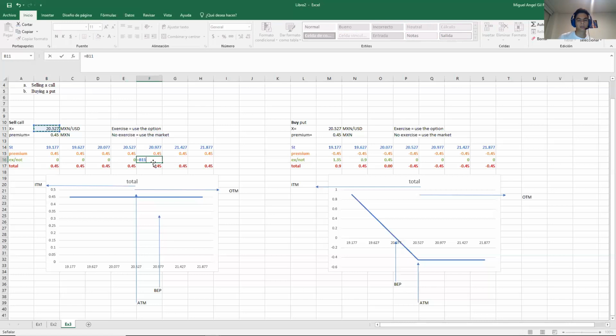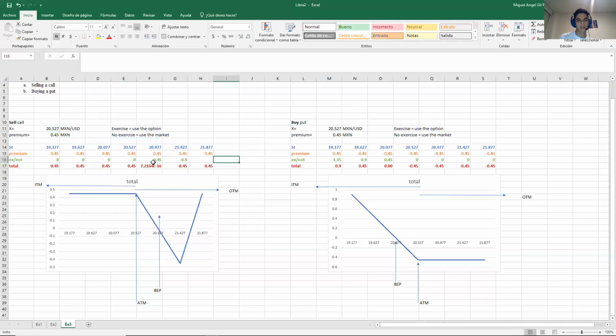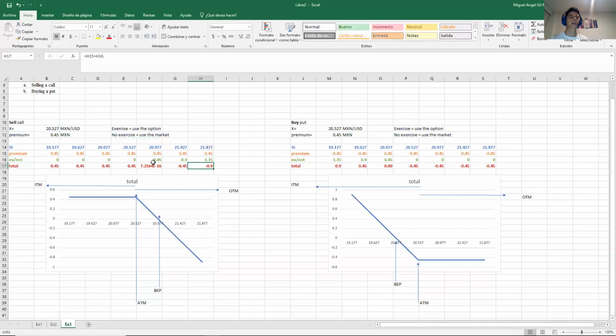It's this minus this. It's negative. In the next one is the same. This minus this. And in the next one is the same. This minus this, because the person will decide to exercise. Again, I don't know why I get that weird number, but it's a 0.